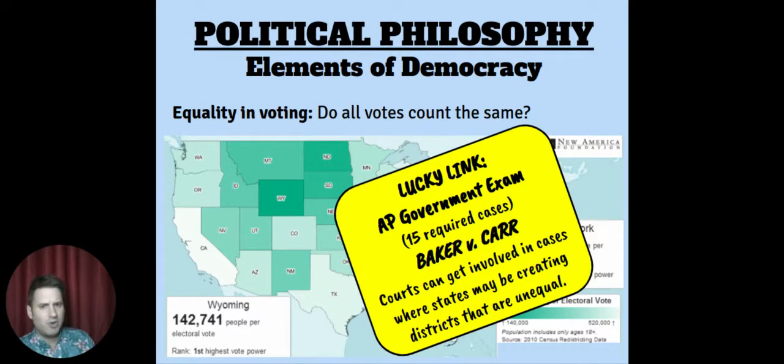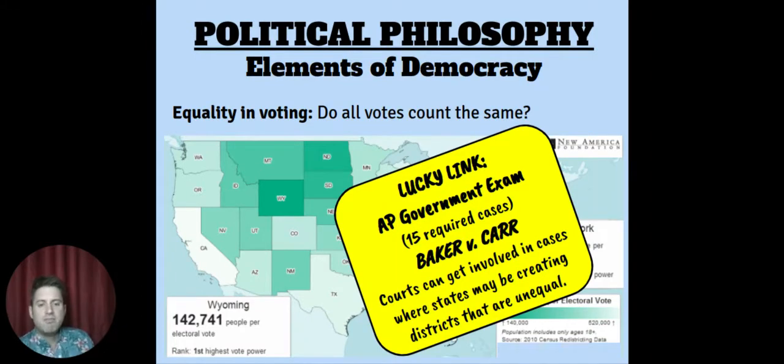A lot of states said, we're going to keep our lines the same. We're going to keep one district for this huge city and another district for this sparsely populated, mostly white rural area. I know that means there's way more people that only get to vote for one lawmaker in the city, and very few people who still get to vote for one lawmaker in the country. But we want to do that.